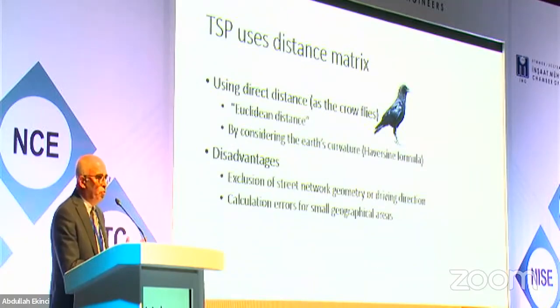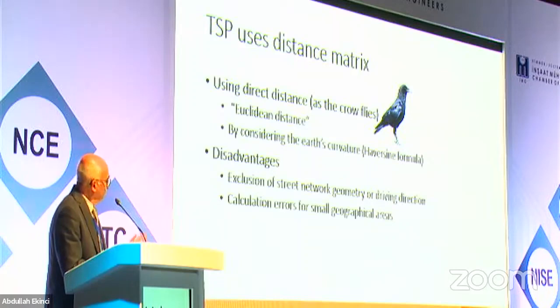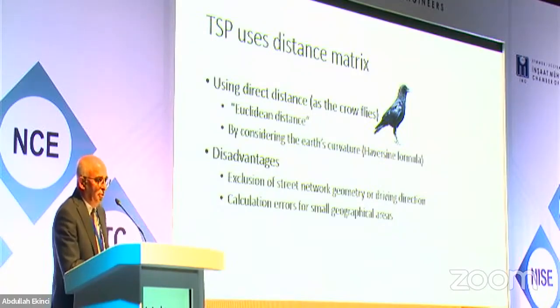Well, most of the time, if you search in Google or other search engines, you get the distance matrix representation that is direct distance. That means it's like a bird's flight, or I can say crow's flight, which is very famous in Cyprus, especially in Pakistan.